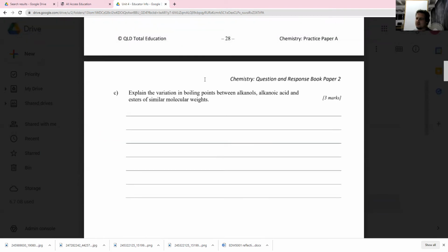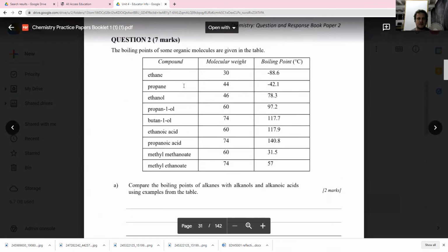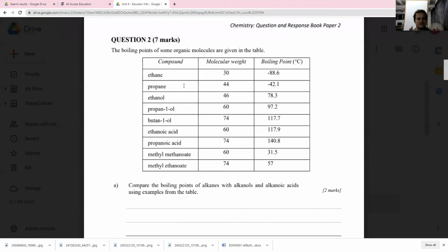So now we're looking at variations between the alcohols, carboxylic acids, and esters of the same molecular weight. So we would look at propan-1-ol, ethanoic acid, and methyl methanoate.